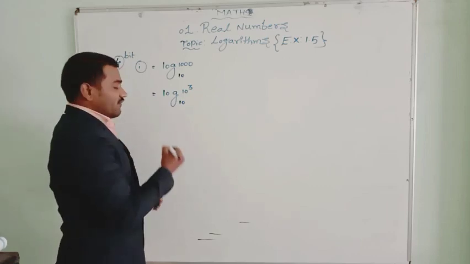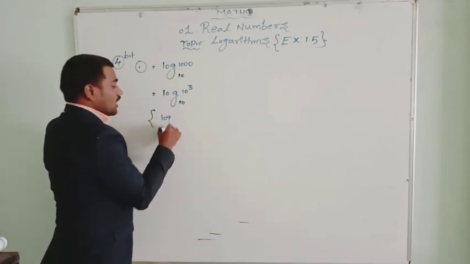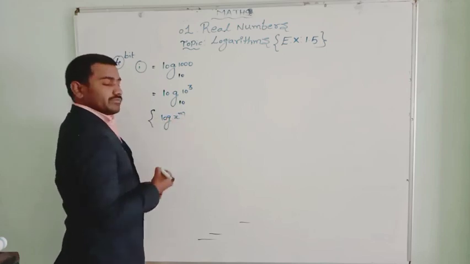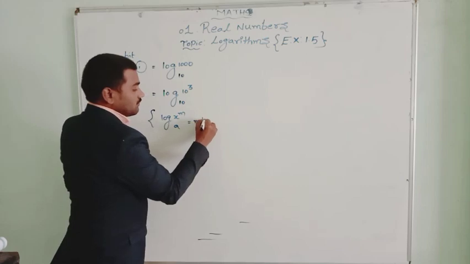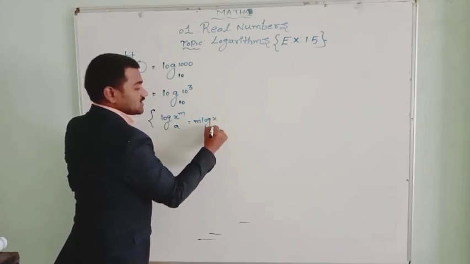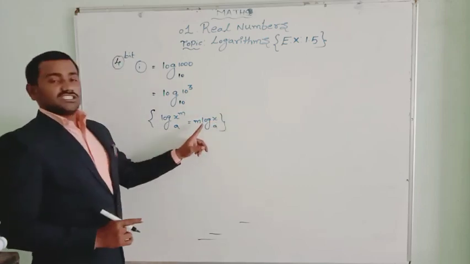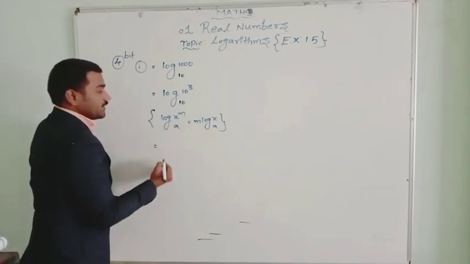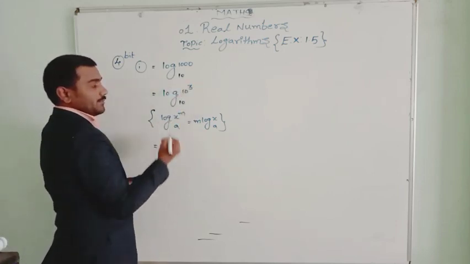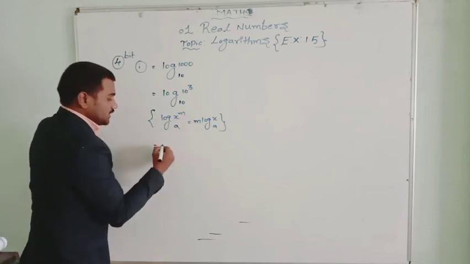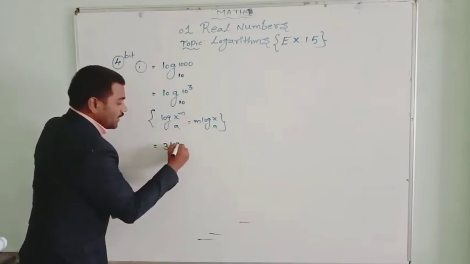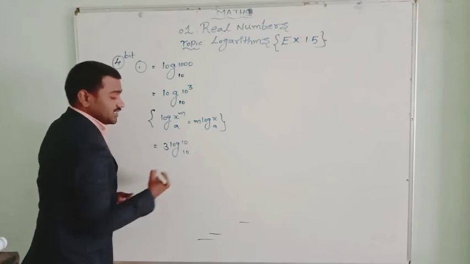It is in the form of log x to the power of m base a, which gives us m log x base a. Let us change it to this form. So here m is equal to 3, x equal to 10 and a also equal to 10. We get 3 log 10 base 10.